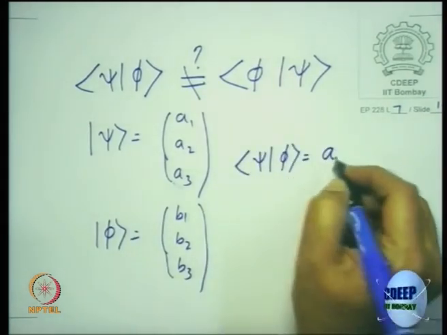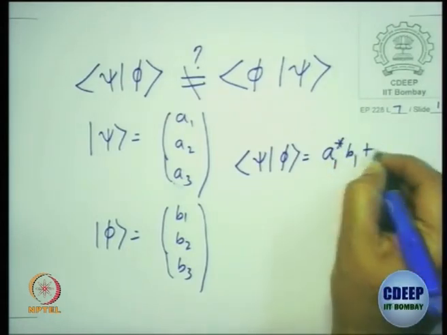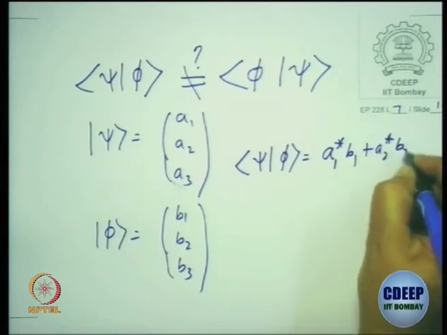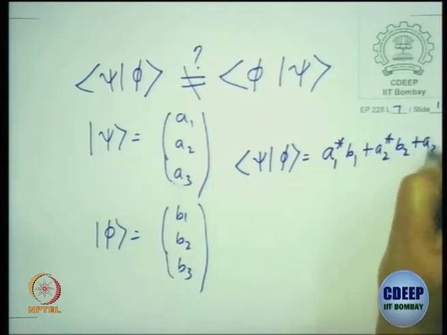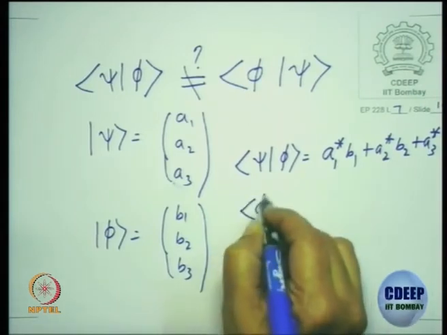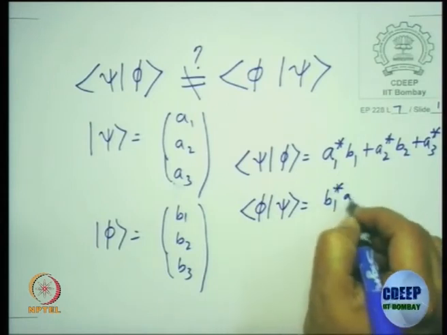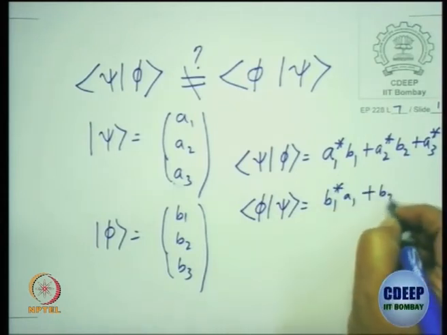Which is A1 star B1 plus A2 star B2 plus A3 star B3. What is phi with psi? B1 star A1 plus B2 star A2.